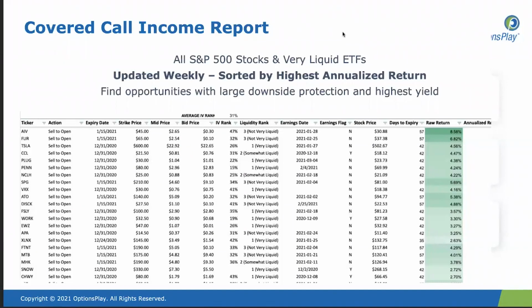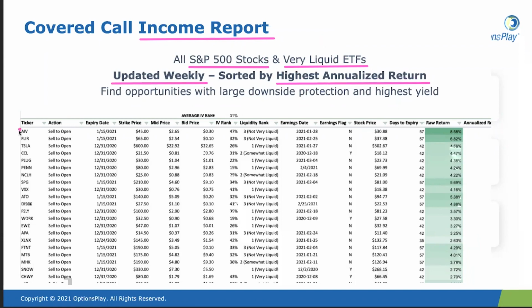Well, that's really where First Trade and Options Play have built tools that help you do this work for you. We've created what we call the Covered Call Income Report. What we do is we scan all S&P 500 stocks and very liquid ETFs. So if you own stocks that are within the S&P 500 or some of the very liquid ETFs, we update a covered call report for you every single week, and we sort it based on the highest annualized return for you.